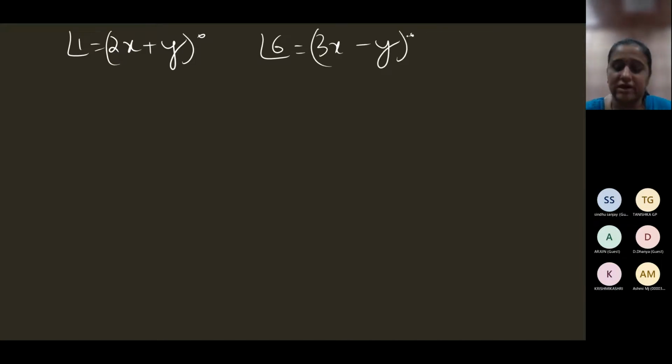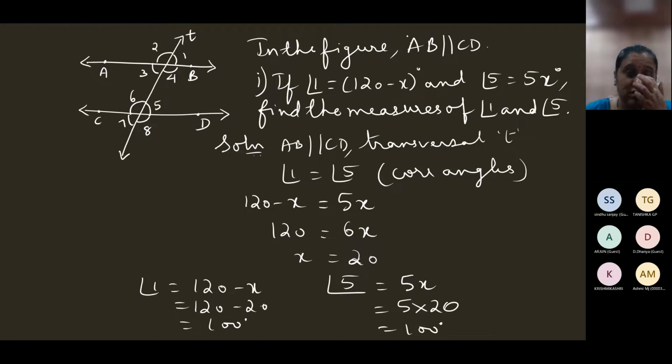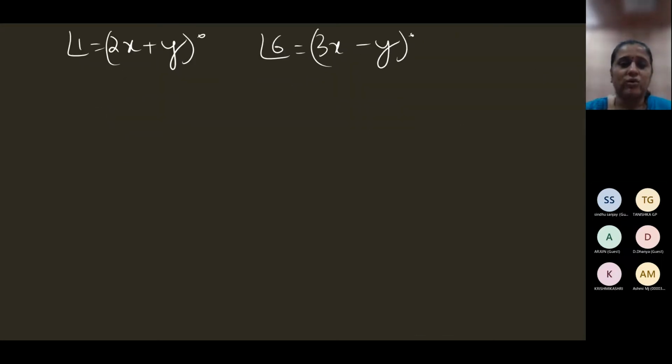So you can also work it like this. Angle 1 is equal to angle 3, or you can say angle 1 is equal to angle 5. Vertically opposite angles are equal.